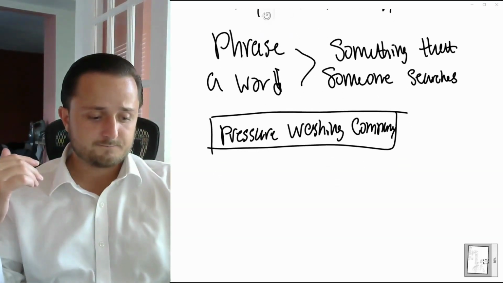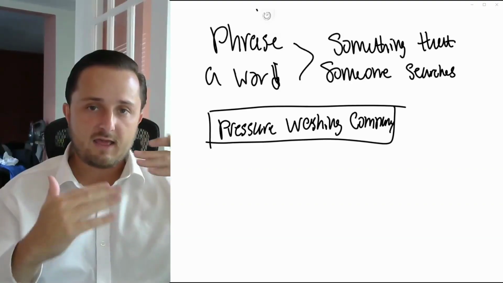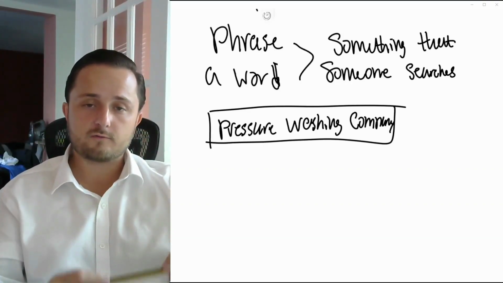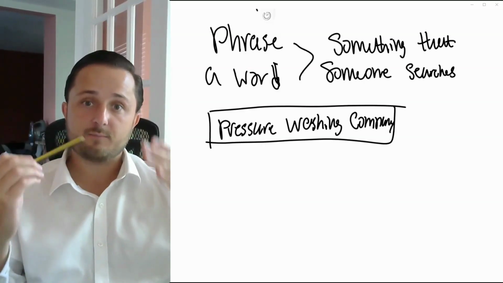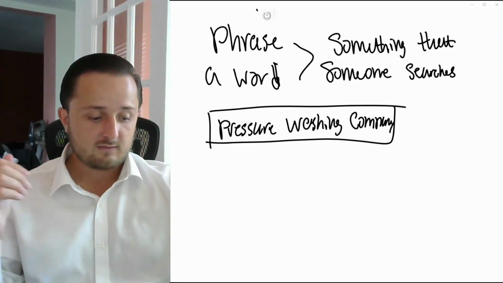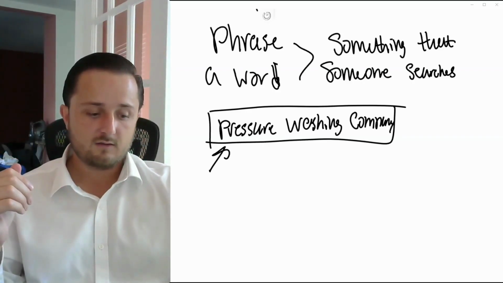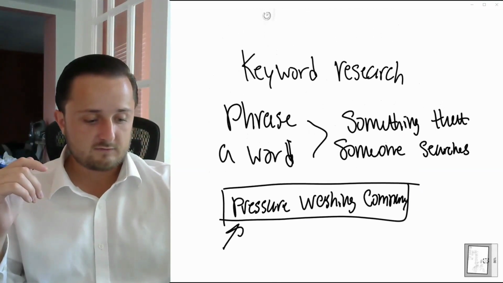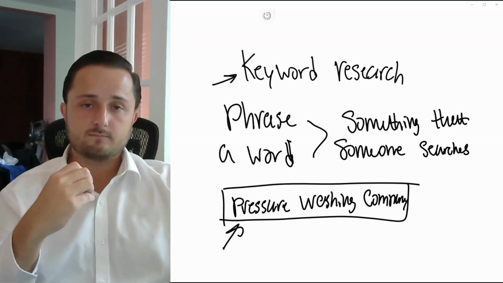Now, something that we need to be aware of is that not everyone knows of the service or the product that we offer that solves their pain, that solves the solution that they're looking for, right? They may not know to search for a pressure washing company. So what keyword research does is that we can take data from Google.